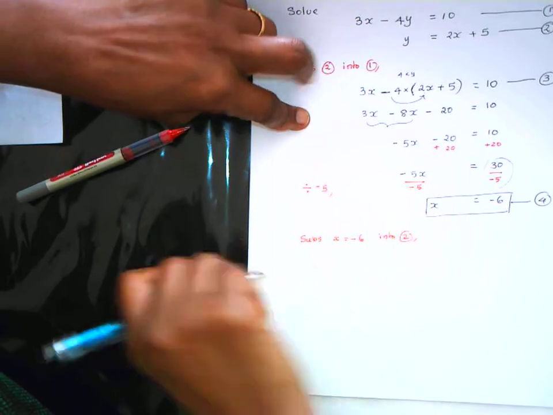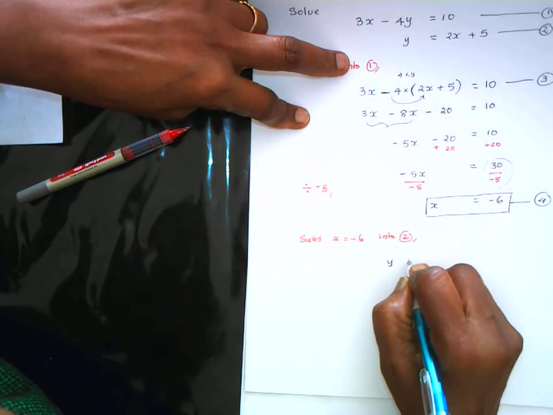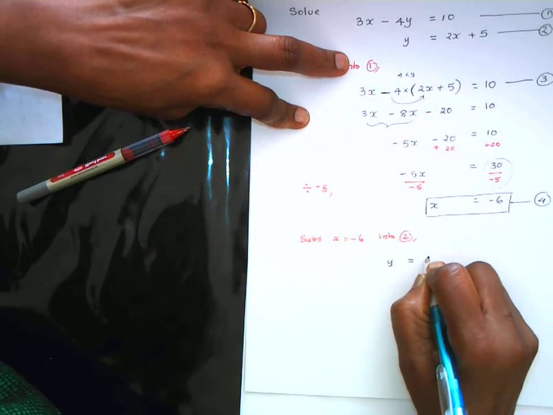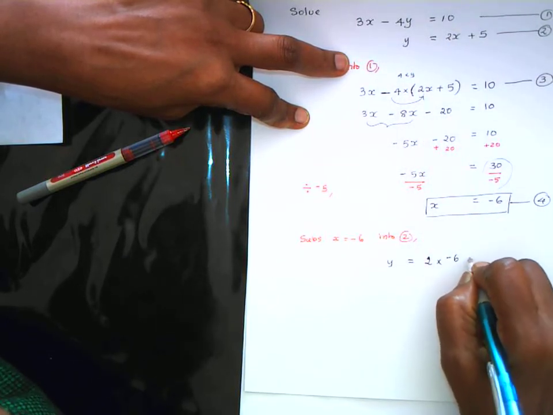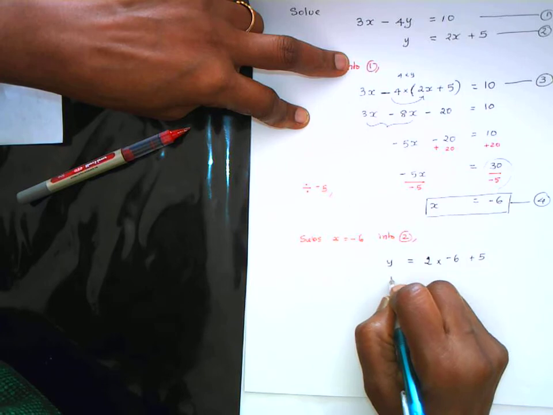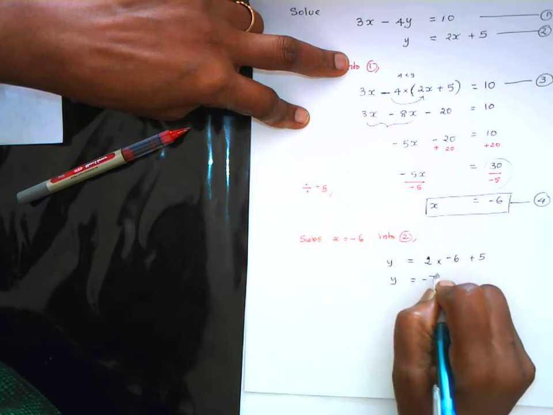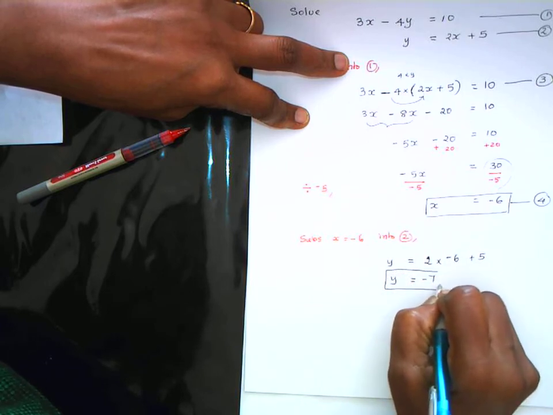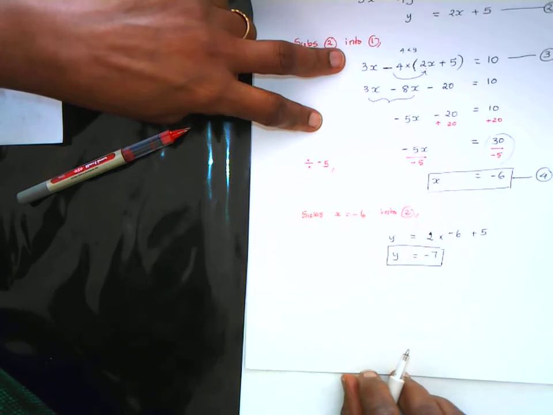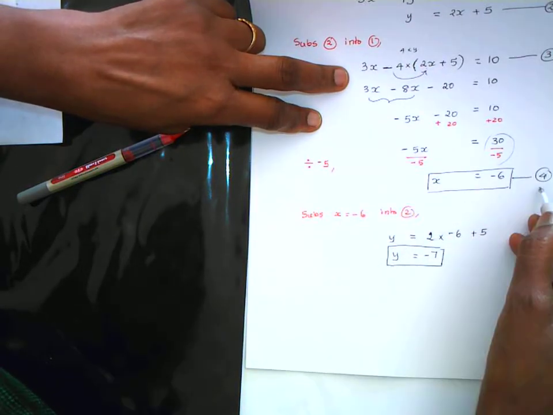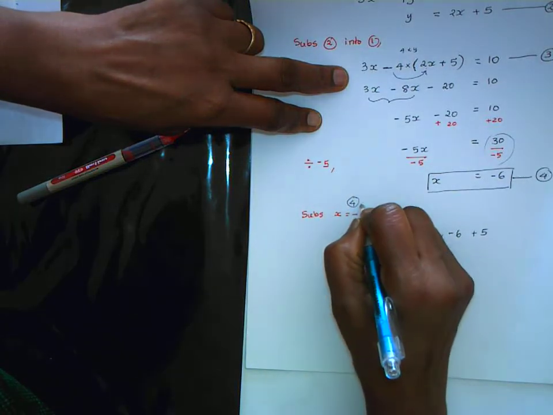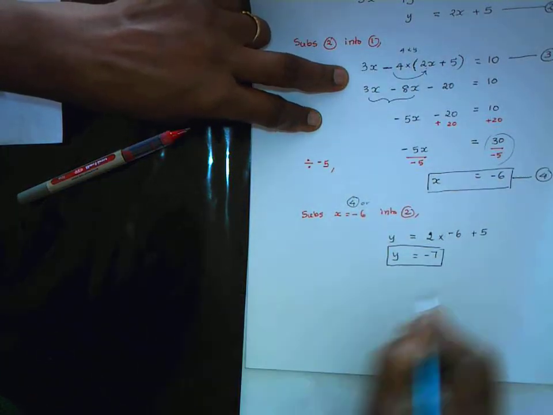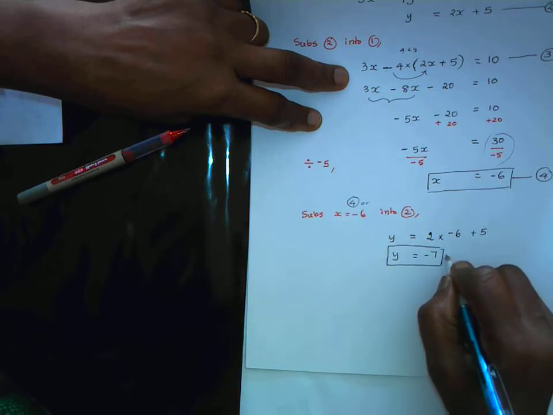So y equal to 2 times x, which is minus 6, plus 5, which gives you y equal to minus 7. You can either write here or you can write sub 4 into 2. Okay, you can write this as well. So now you got the value for y.